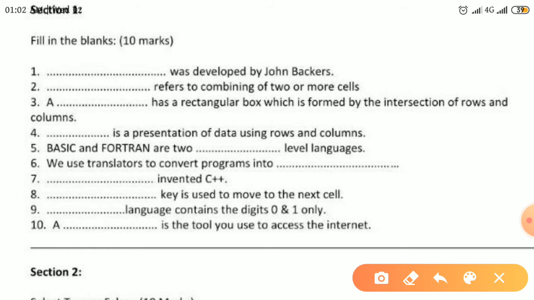Now I don't know why most of the students have written tabular in this answer, but tabular is not the correct answer. The answer is table. Table is a presentation of data using rows and columns.